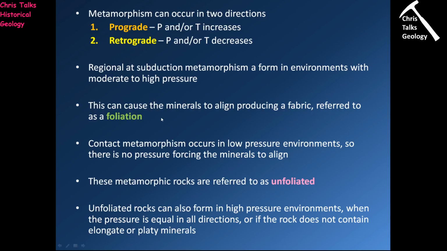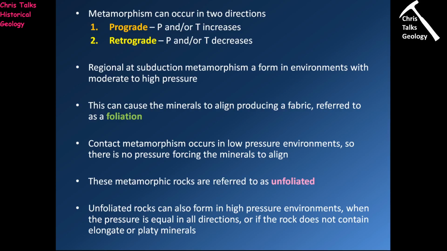Now, what this means is because there's all this pressure on the rock, the minerals in the rock will grow with a certain orientation. Okay? So if you imagine we're taking a piece of rock and we are squishing it from the top and the bottom. That's where the pressure's coming from, top and bottom. So we're pushing down on it, we're squishing the rock.